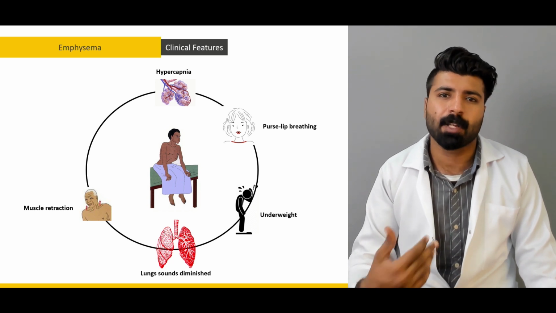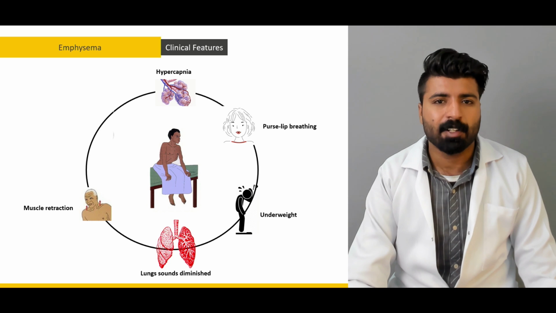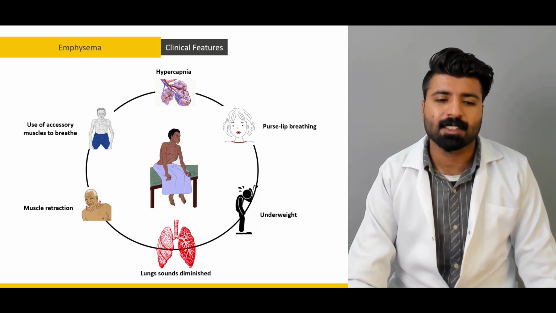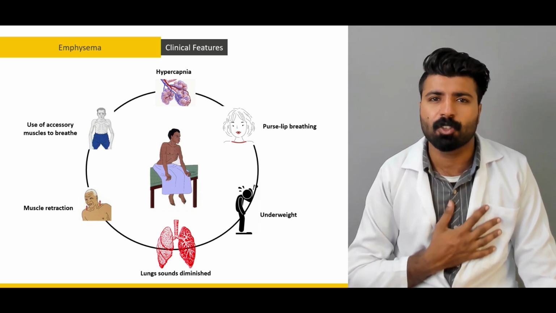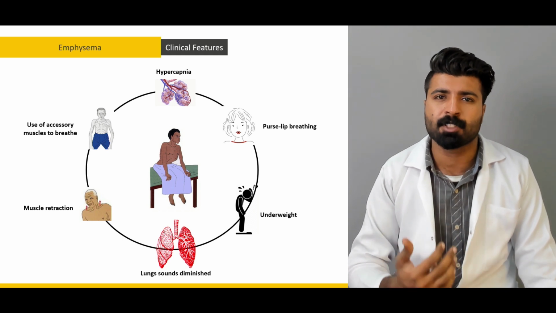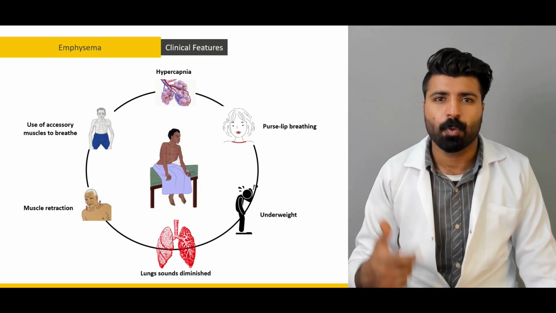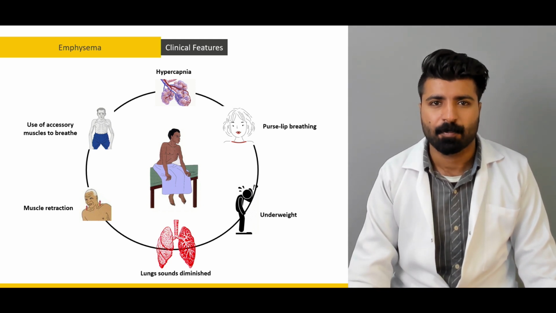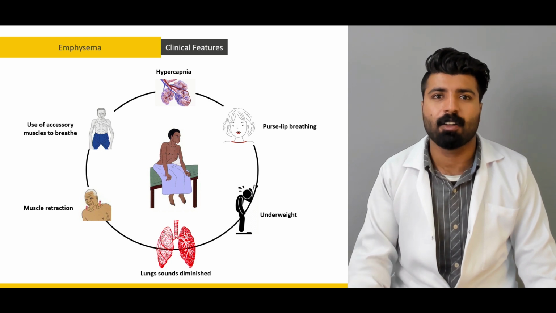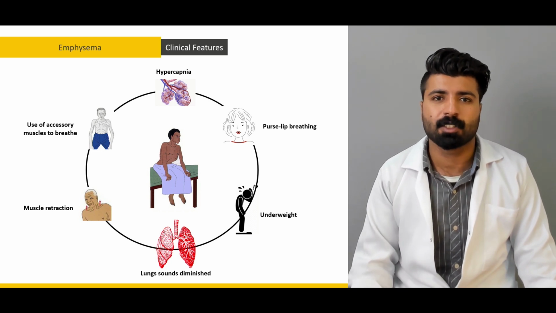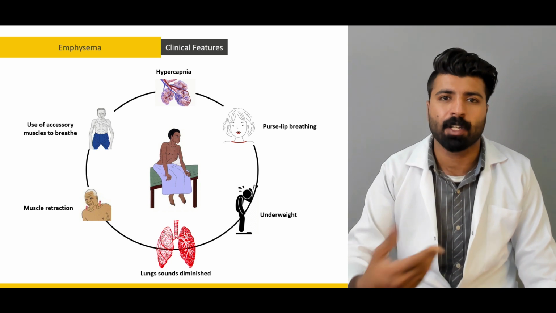When all of this is happening, in compensation, muscle retraction will happen, and accessory muscles are used to breathe, because those muscles are not working enough. They are compensating for what happened to the alveoli. So we start using the accessory muscles so that we can get enough air inside our lungs to oxygenate our body and keep living.